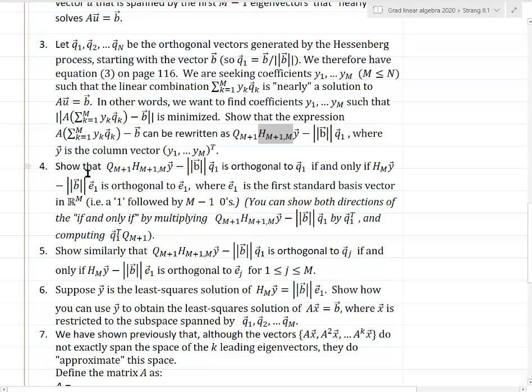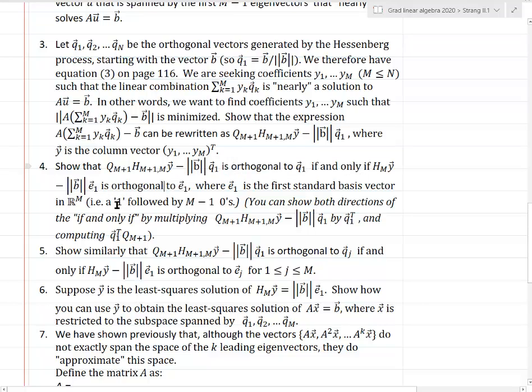All right, question 4. Show that this expression is orthogonal to q1 if and only if H_m y minus b e1 is orthogonal to e1, where e1 is the first standard basis vector in R^m. For instance, e1 in R^3 is (1, 0, 0). So we've talked about standard basis vectors before.